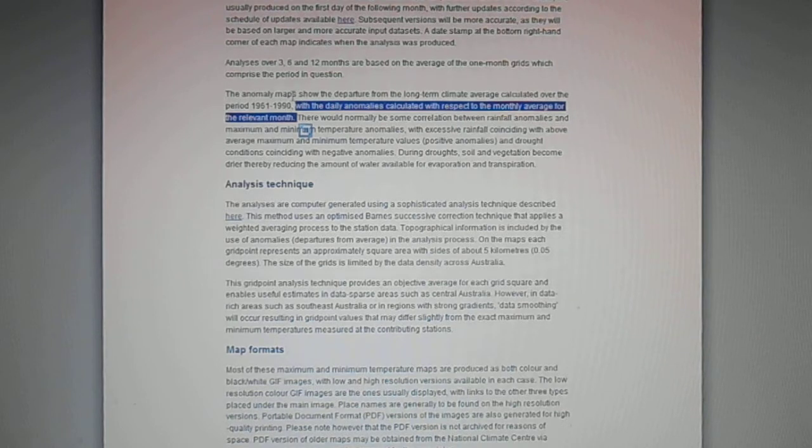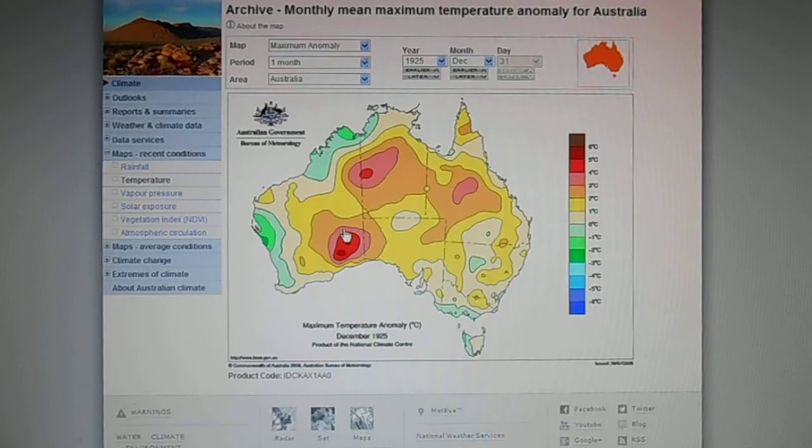The anomaly maps show the departure from the long-term climate average calculated over the period 1961 to 1990, with the daily anomalies calculated with respect to the monthly average for the relevant month. So here it says the daily anomalies are calculated with respect to the monthly average for the relevant month. Well, no, they're not. Let's prove that again.